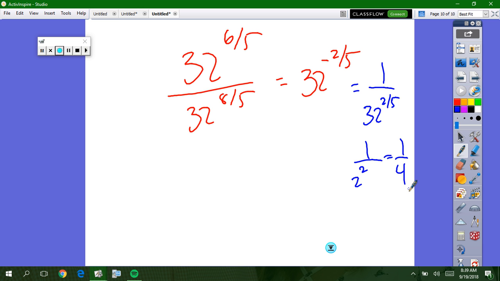Okay. Make sure you see how you can read it. I'm saying the 5th root of 32, which is 2. Then I have 2 squared, which is 4. Yes, ma'am. Okay? You're doing all right?